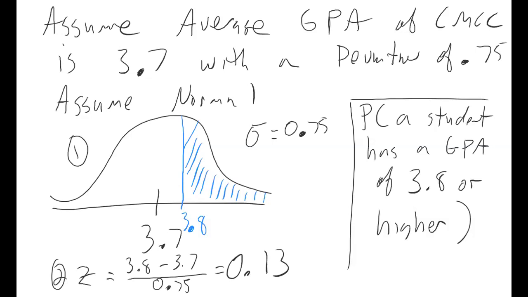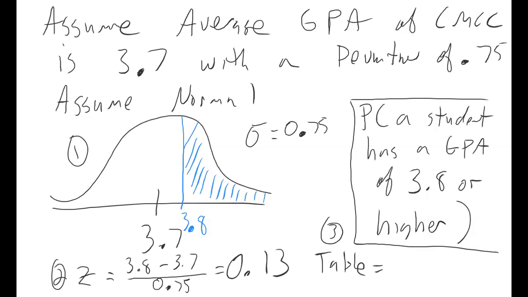All right, good. So now we do what? You have to find the positive z-scores. Yep, so we go to our table. Here's step 3. Find the value on the positive side of 0.13, and we get 0.5517.